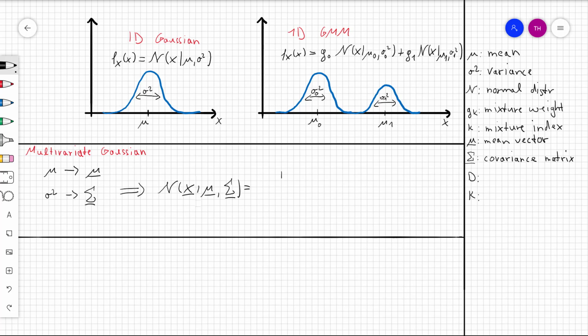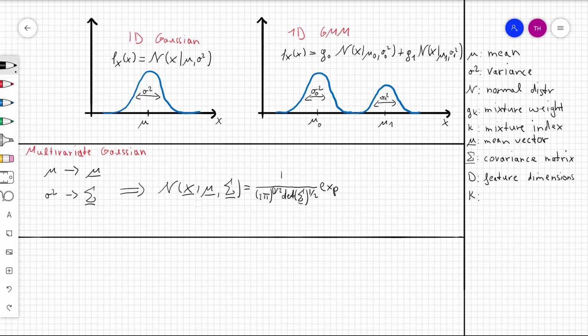And this is defined by 1 divided by (2 pi) to the power of d half, where d is the number of feature dimensions. And the other thing in the denominator is the determinant of our covariance matrix and the square root of that. And this factor is multiplied against an exponential function.